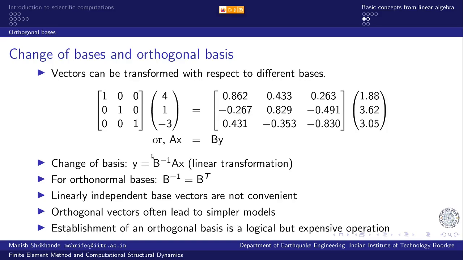So, establishment of an orthogonal basis is a logical but expensive operation. It's easier said than done that orthogonality makes life simpler, because development or construction of an orthonormal basis itself is an expensive operation.